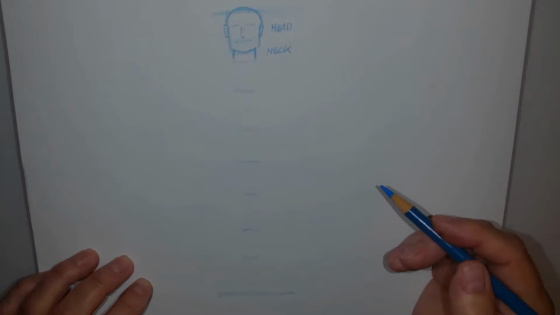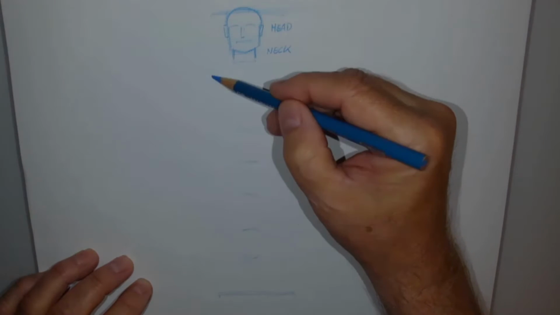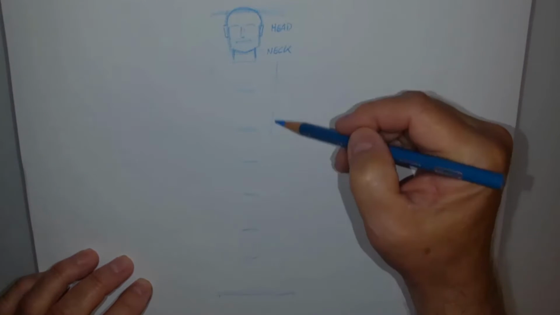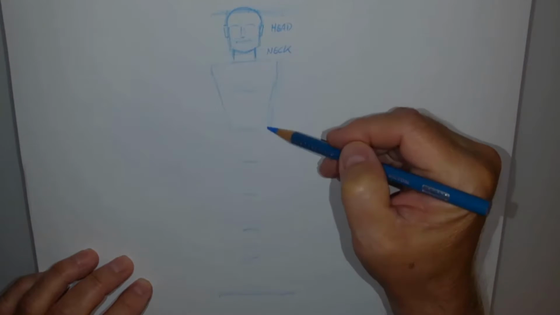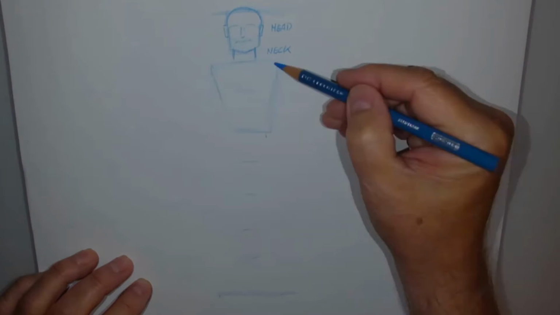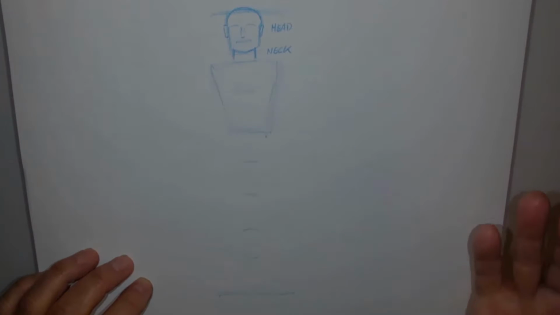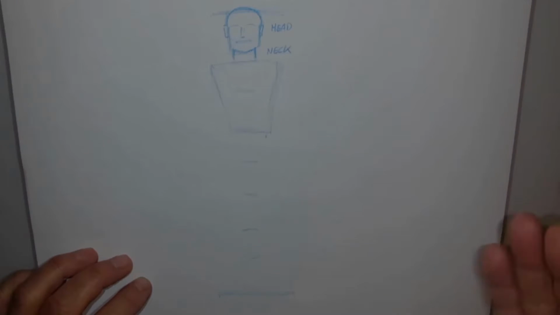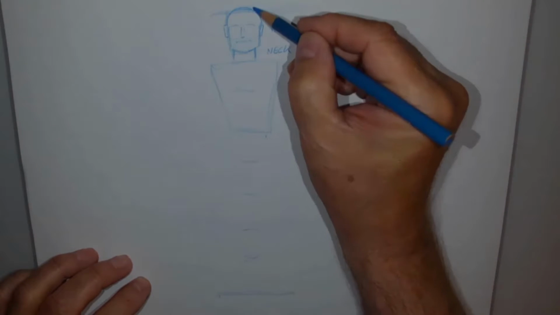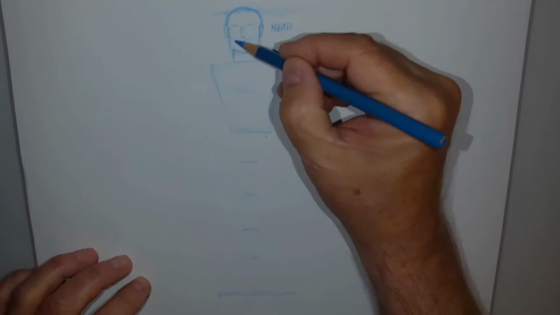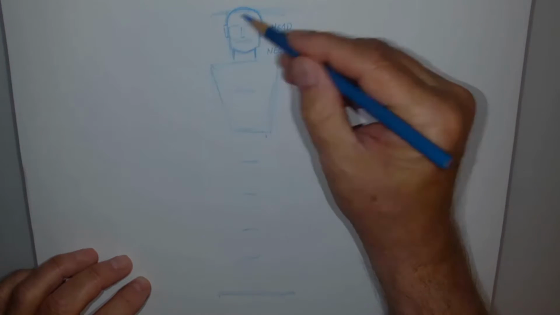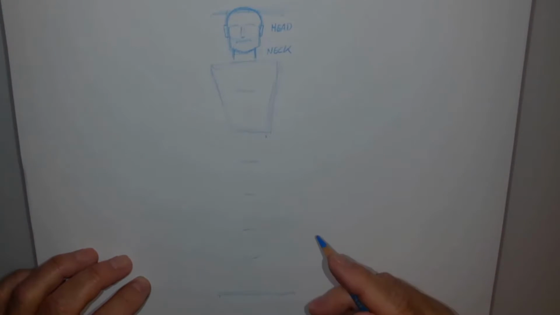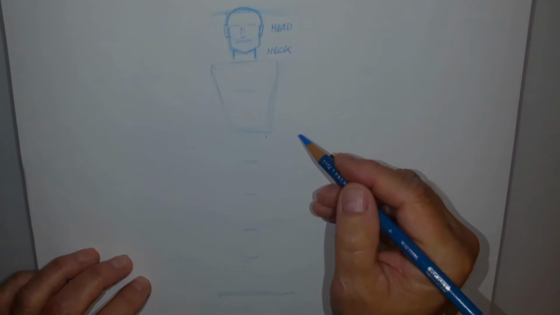Then what we can take a look at is a block here. Actually, I'm going to make this a rectangular block. And we can get a little more complex with the shape as we go, but we want to start with some basic shapes, just the same as we started with a circle and some lines and a square shape for the bottom of the head and working on the face.